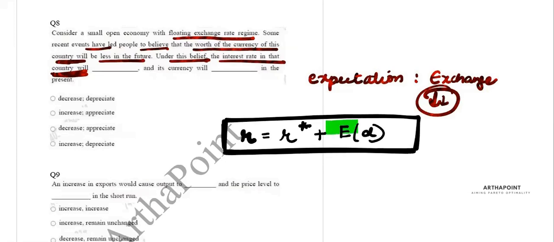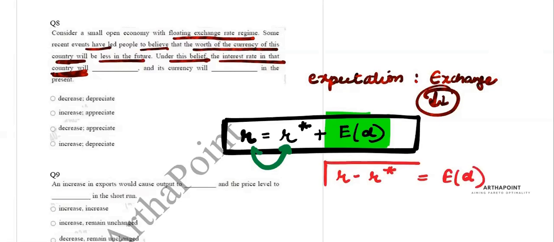If there are some expectations of people, then this may mean that the interest rate between the two countries can be different. So the difference between the interest rates of the two countries is always due to expectation about depreciating or appreciating the currency.